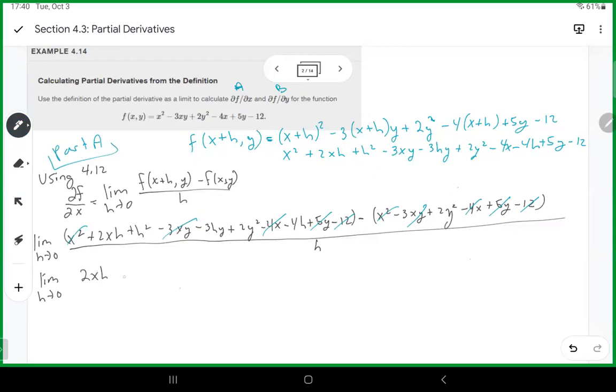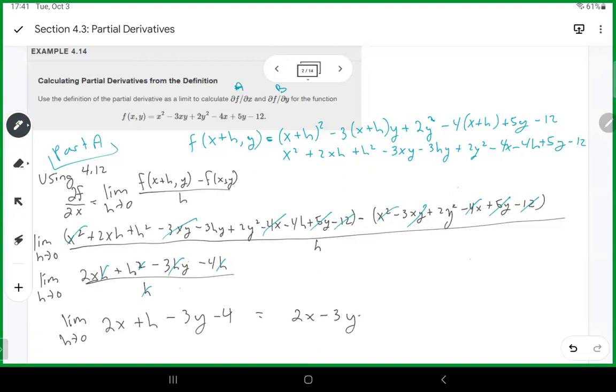So 2xh plus h squared minus 3hy minus 4h all over h. Then we'll have the limit as h goes to 0. We'll get rid of some h's. And we have 2x plus h minus 3y minus 4. So that tells us that our answer here is going to be 2x minus 3y minus 4.